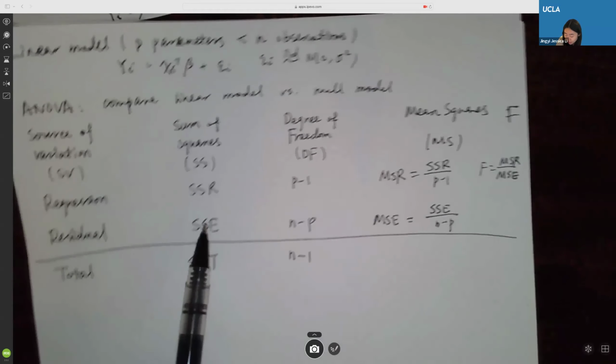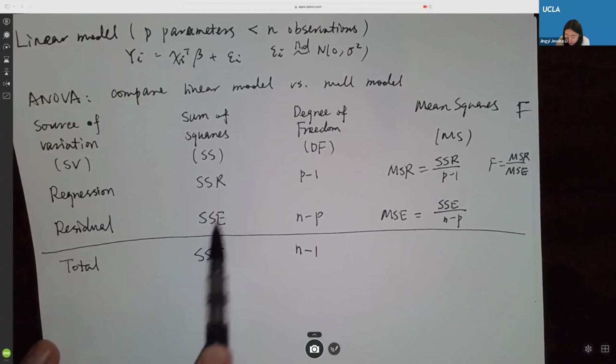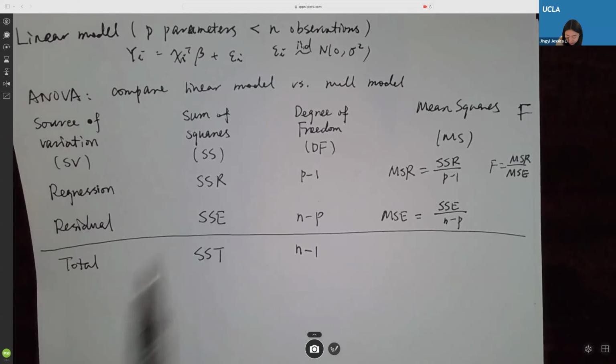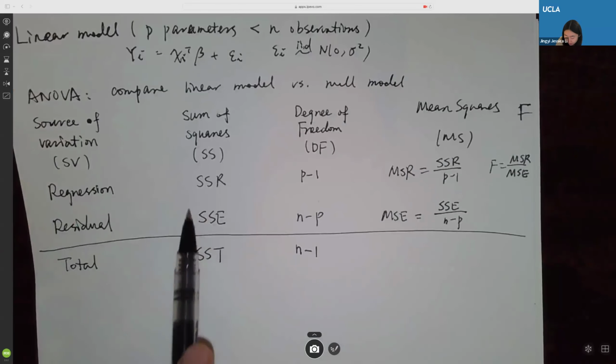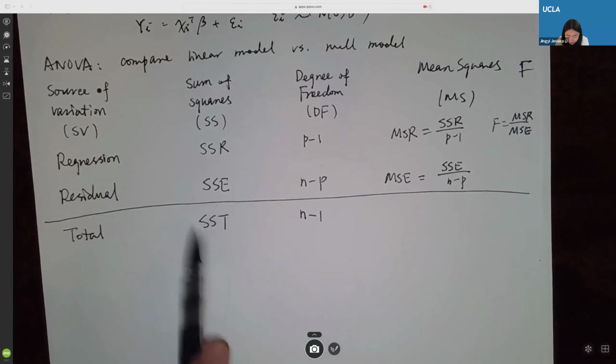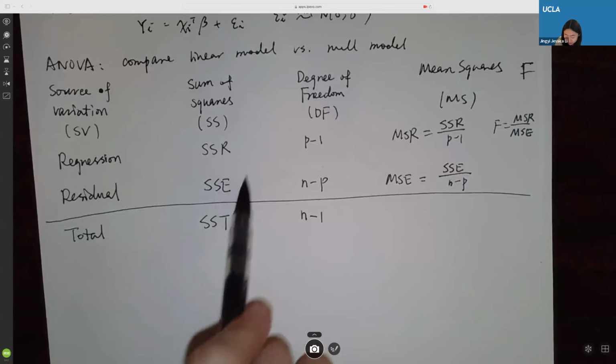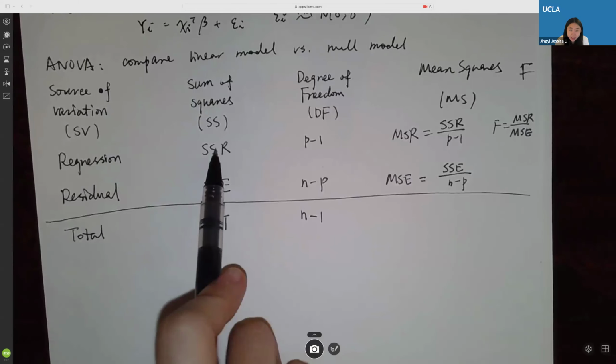Which is exactly our SSR, because RSS under the null model is essentially this SST. And RSS under the full model is SSE, and their difference is SSR.